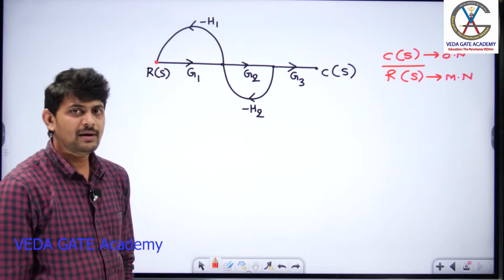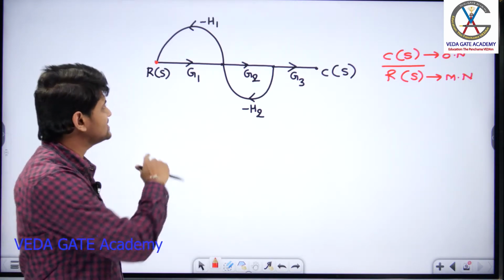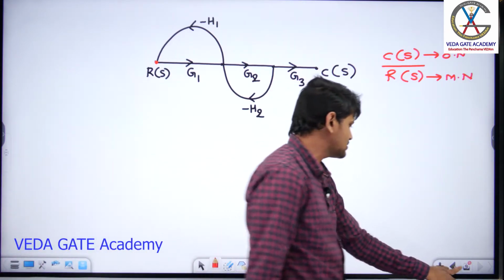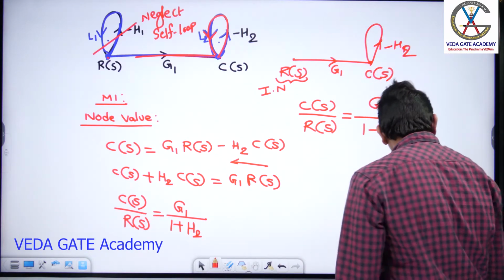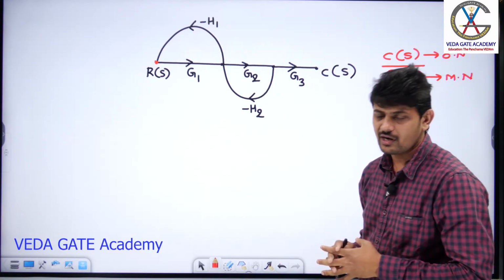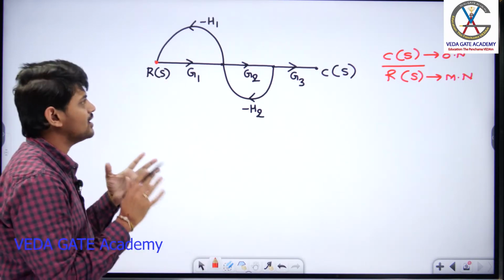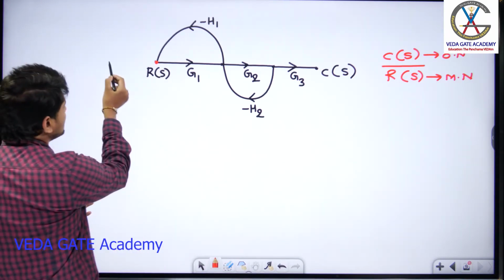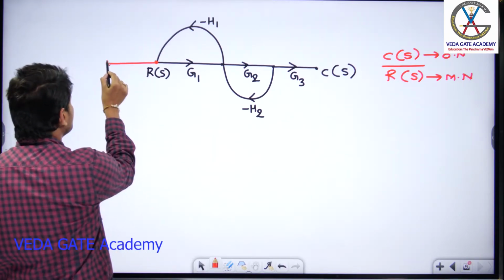There are two methods again. You can use the signal assign procedure, that is, the node value concept. But applying the node value concept to complex or lengthy questions is very difficult. That is the reason, even though technically the next method is not correct, in order to get the same answer, I am creating a dummy input node.